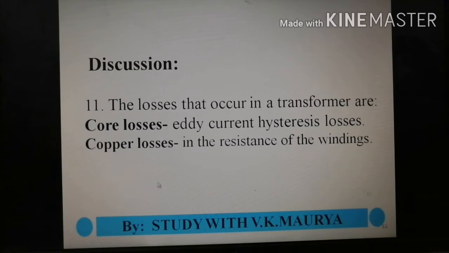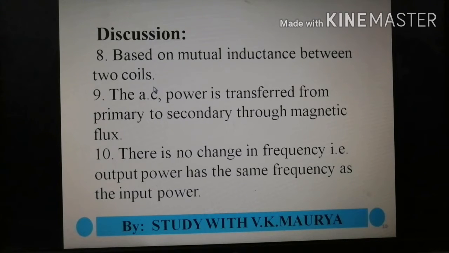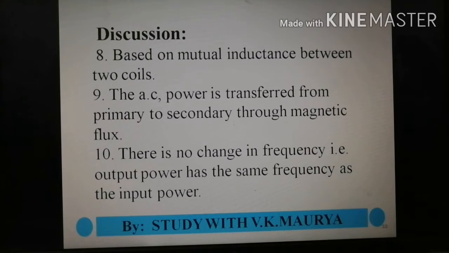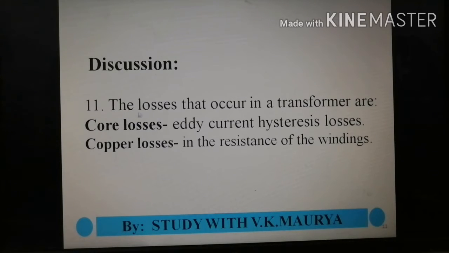And 11th, the losses that occur in a transformer are number 1, core losses, and number 2, copper losses.